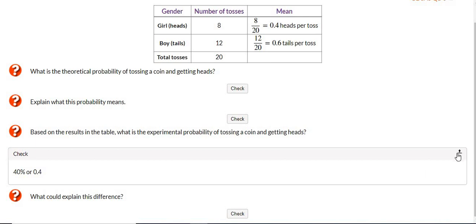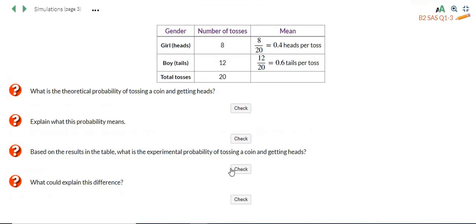Okay, number 3. What could be the difference between theoretical probability and the experimental probability?